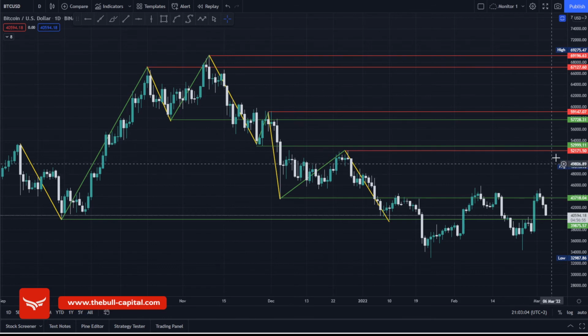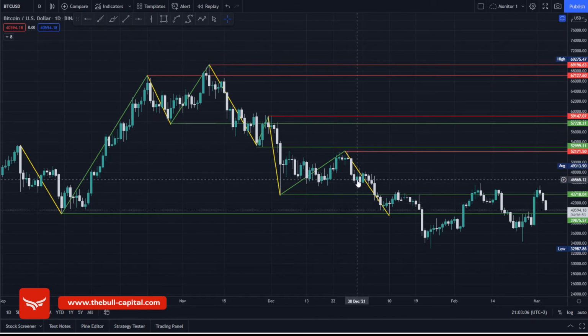Meaning that the price is going down, it's in a downtrend.